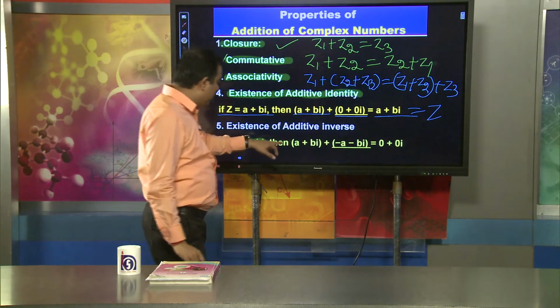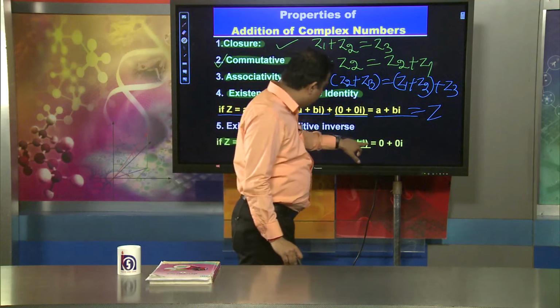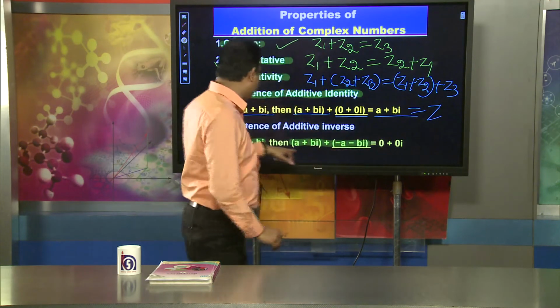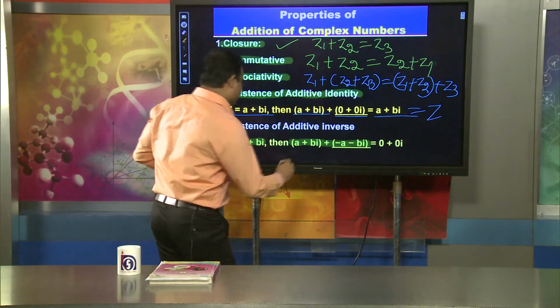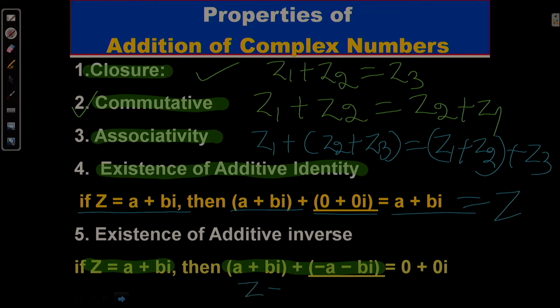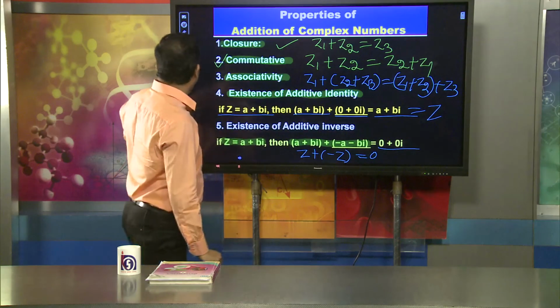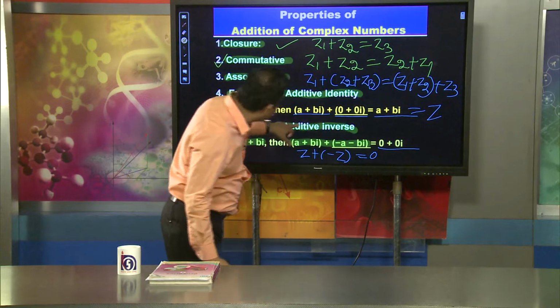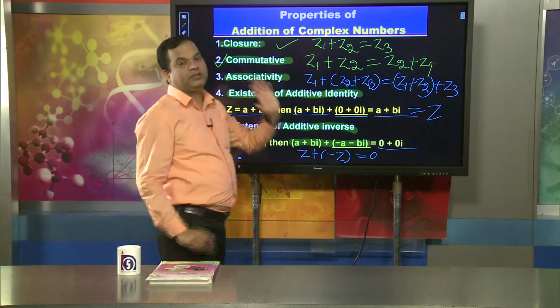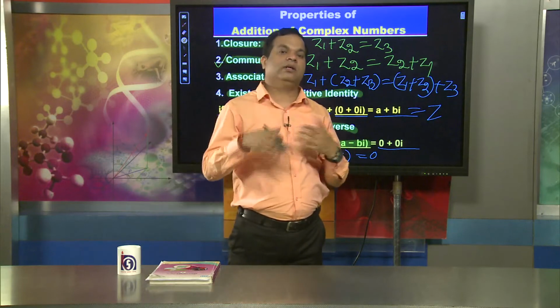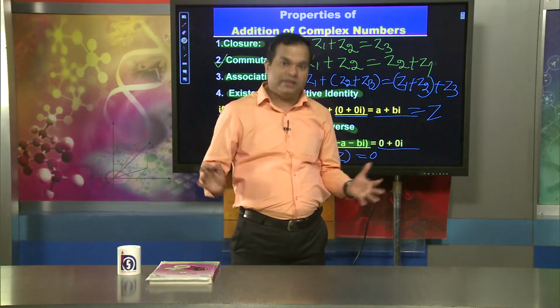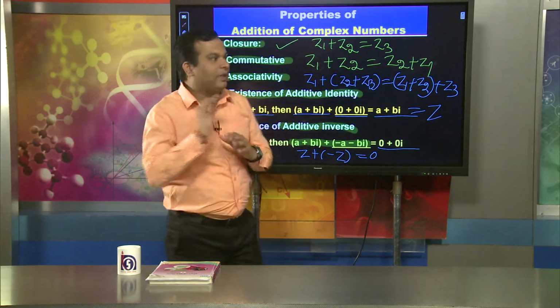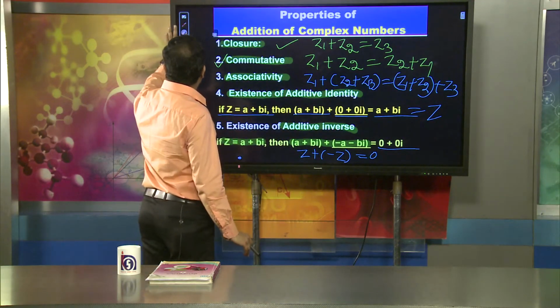Then a plus bi plus minus a minus bi, that is z plus minus z, equals 0, which is nothing but 0 plus 0i. So the additive inverse of a complex number is also satisfied. So all five properties are satisfied by complex numbers. That is very important.